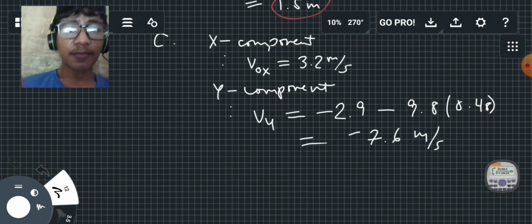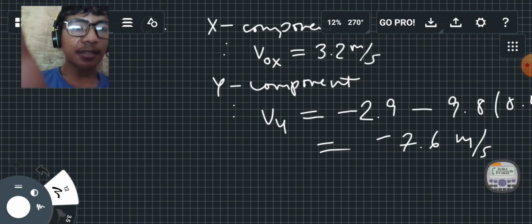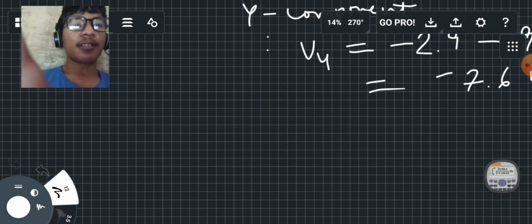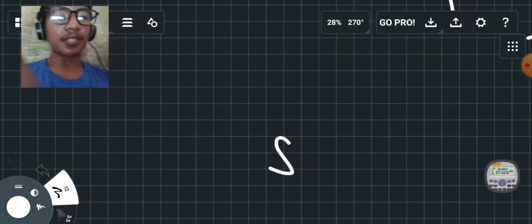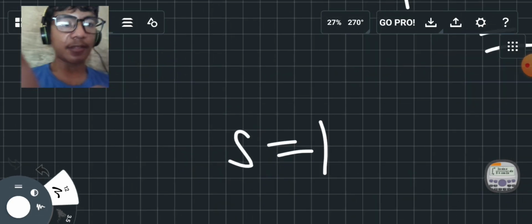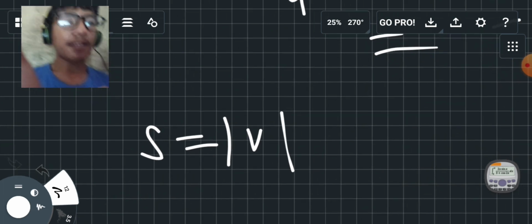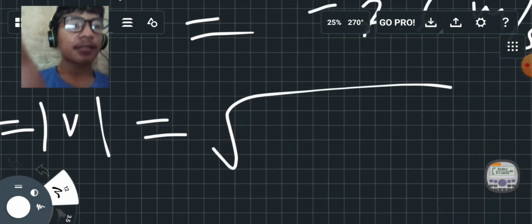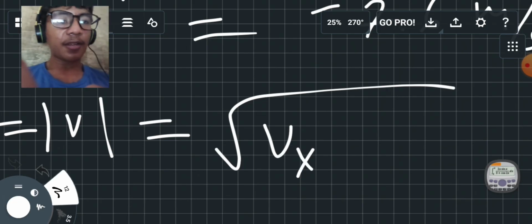But we are looking for the speed. So we are just going to use the Pythagorean identity for the magnitude of this vector. The magnitude of this velocity is given by this formula.